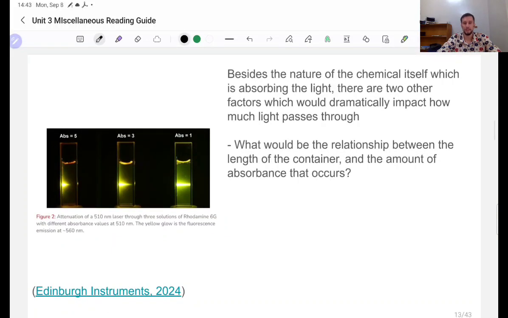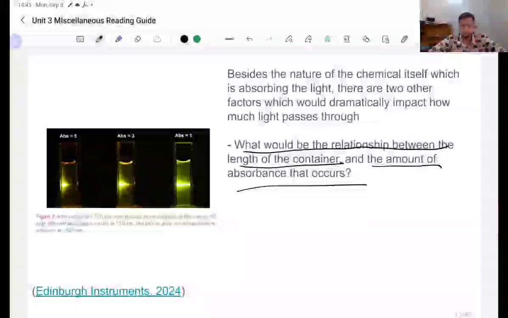Besides the nature of the chemical itself, which is absorbing the light, there are two other factors which would dramatically impact how much light passes through. What would the relationship between the container, the length of the container, and the amount of absorbance that occurs? What would that relationship be? Pause the video if you need to. Okay, you should say that absorbance will go up as the length of the container goes up.